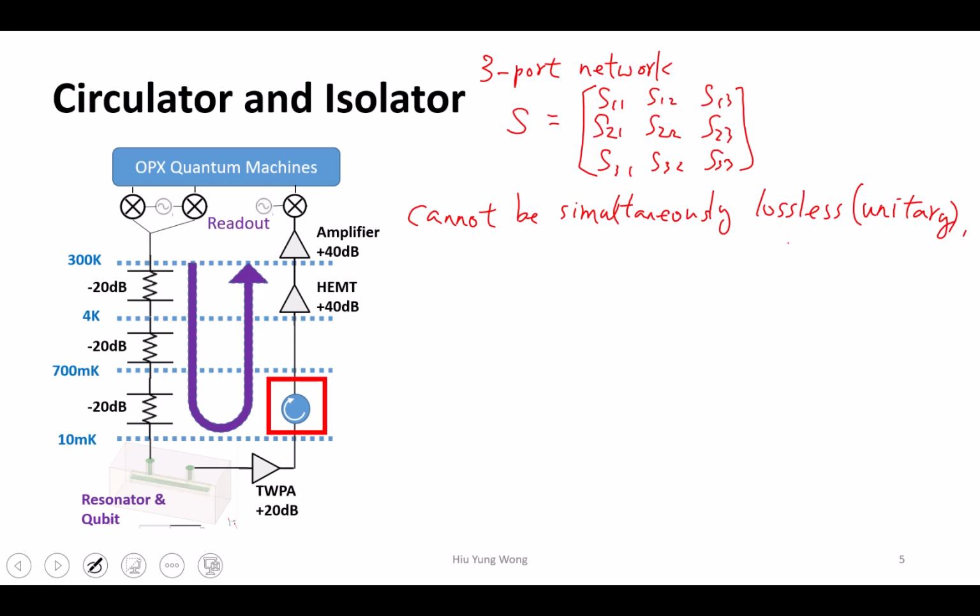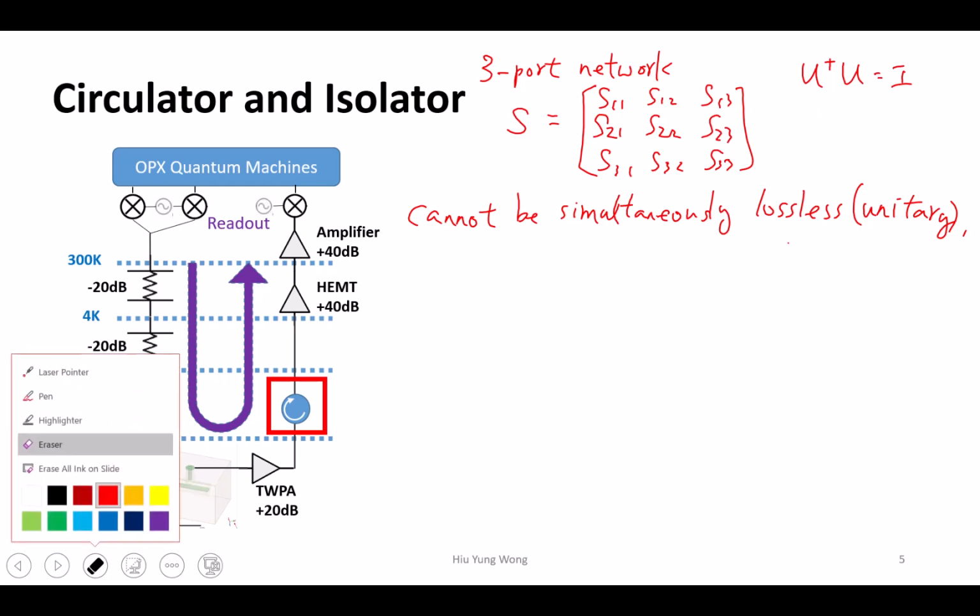You don't change the magnitude when you do the rotation. There are a few definitions, including U dagger times U equals identity, and also the column vectors are orthonormal. You may have all forgotten. Maybe I'll just use the bracket notation, that will be easier.